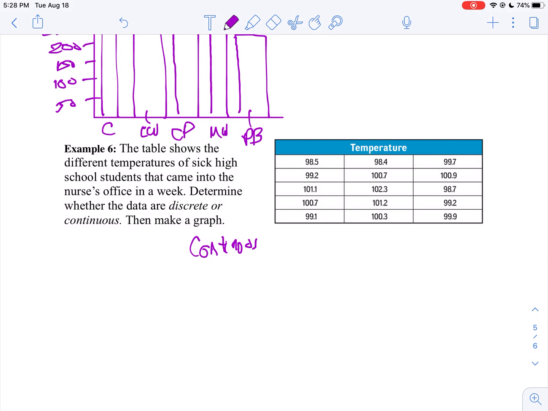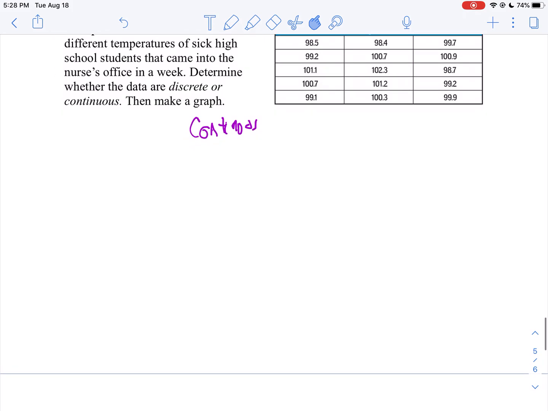So let's look at our chart here. I'm looking for the smallest, 98.4. I'm going from 98.4 all the way to 102. So I think I'm going to count by ones. Does that make sense? Because we can fit them on there. That's the key.